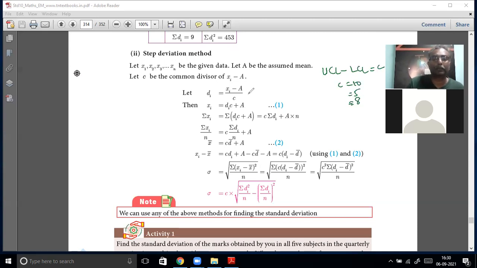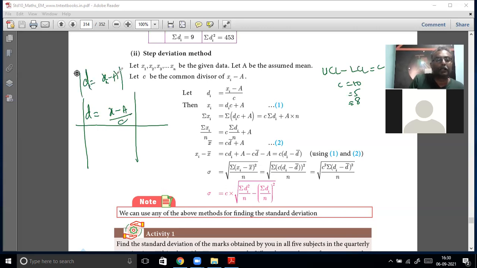Okay. Now, what is the formula here? The difference is very small. The deviation will be X minus assumed mean, divided by C. This column will change. In the pure assumed mean method, D of I is equal to X of I minus A, and then you calculate D of I squared.